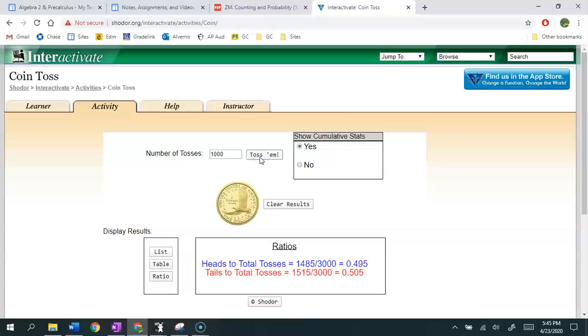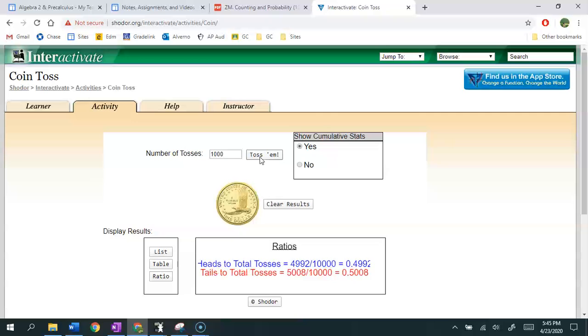If you continue to toss this coin an infinite number of times, not just 3,000 times or 4,000 times, we're talking until infinity, right? So not even 1,000,000, not even 2,000,000, just forever you continue to toss this coin, what you will discover is the proportion of heads to the proportion of tails is going to become 50-50.